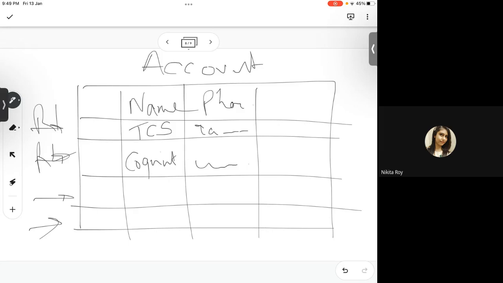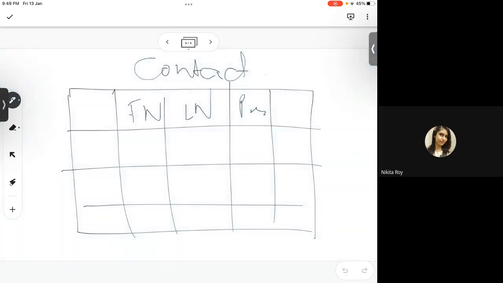And in contacts, we will store the details of the contacts that are related to the accounts. Suppose TCS is having some employees connected with Reebok. In that case, we will store the first name and the last name of those contacts related to TCS.